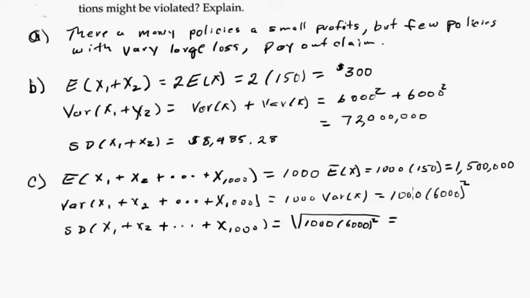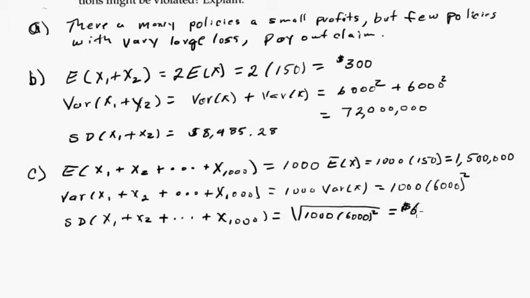And that comes out to be, at least when I did it, 600,000. Okay, so now with 1,000 policies, the standard deviation is bigger, but it's definitely smaller than the expected value.